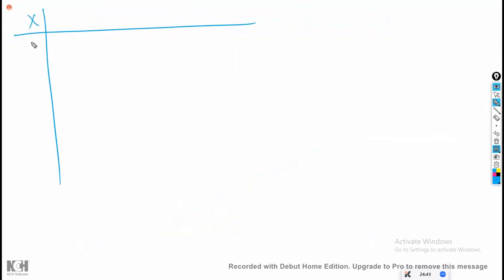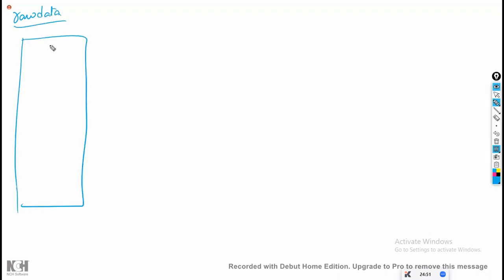Okay, the question given is first the raw data. Data was given like this, raw data. The raw data is having X and the output variable: 2, 3, 4, next 6, 7, 8, 9, 10, 11.